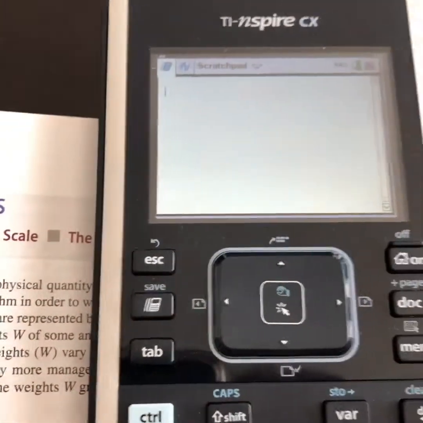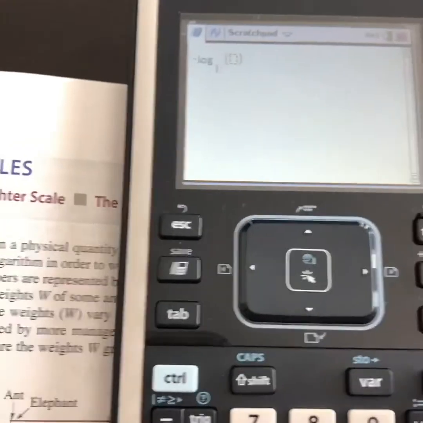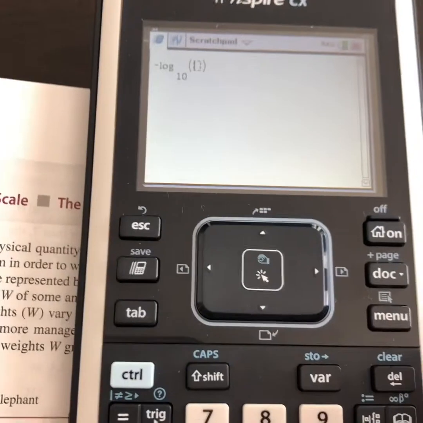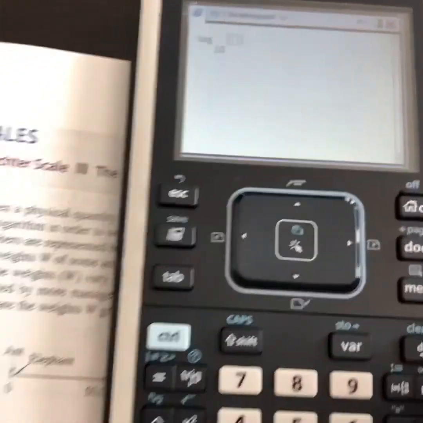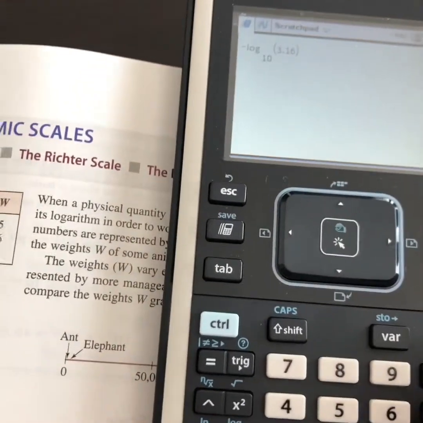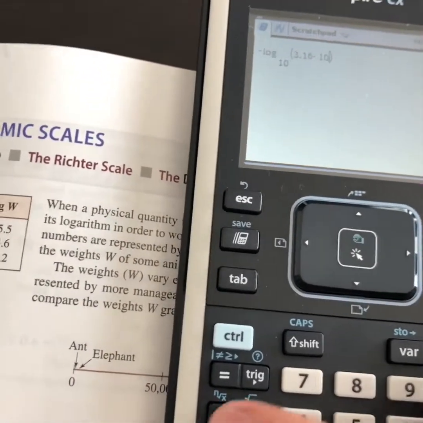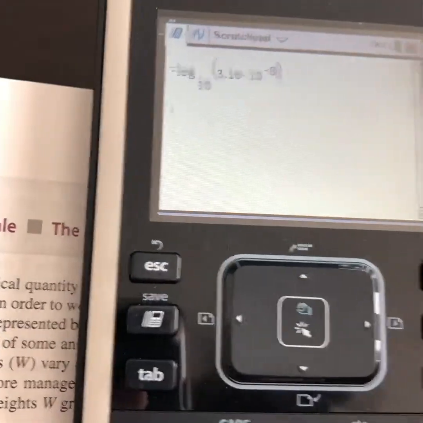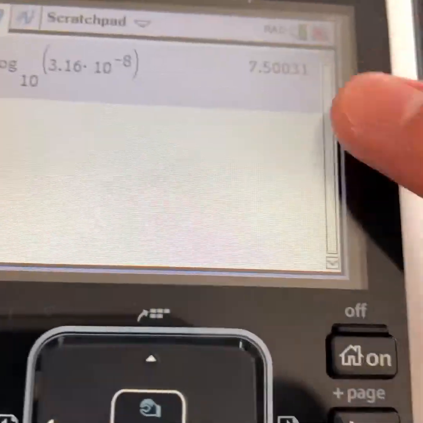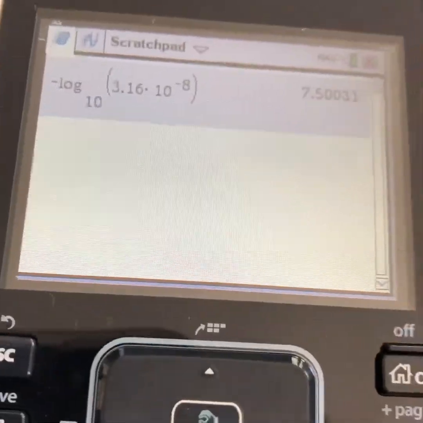It'll be negative log base 10, because that is the standard base, and then right here is where you plug in your H plus, so 3.16 times 10 to the negative 8th power. Then we hit equal, and it gives you 7.50031, and you'll just round that to 7.5. After rounding, that is what our pH equals.